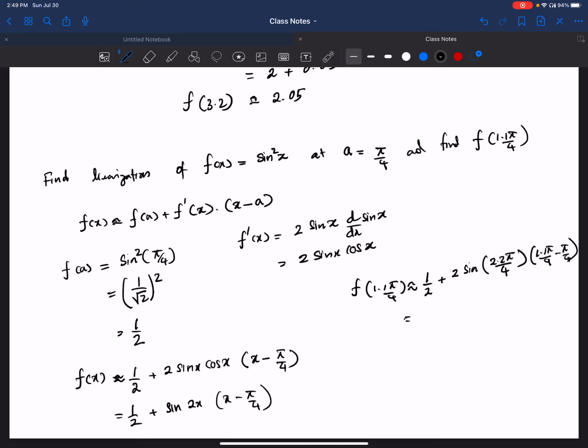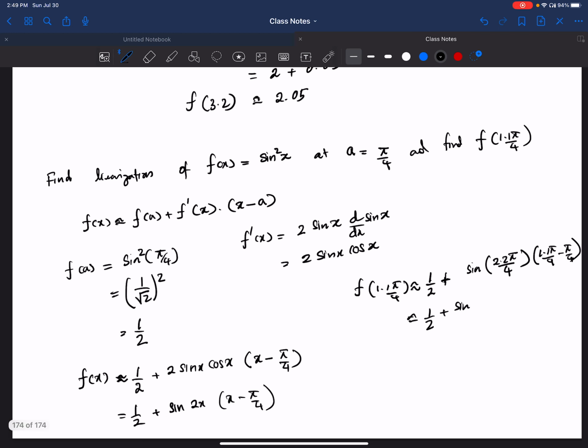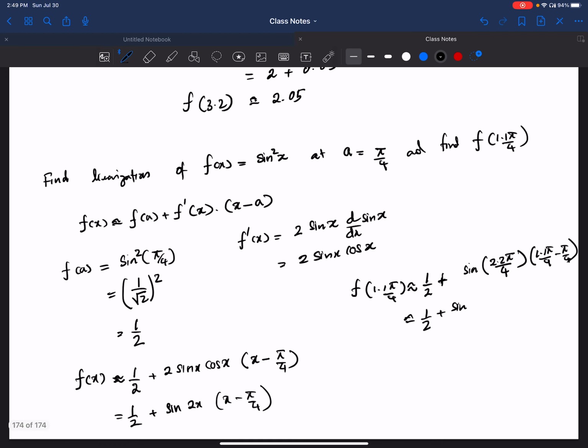So we have half plus sine of 2.2 pi over 4, which is 0.55 pi, times 0.1 pi over 4, right?